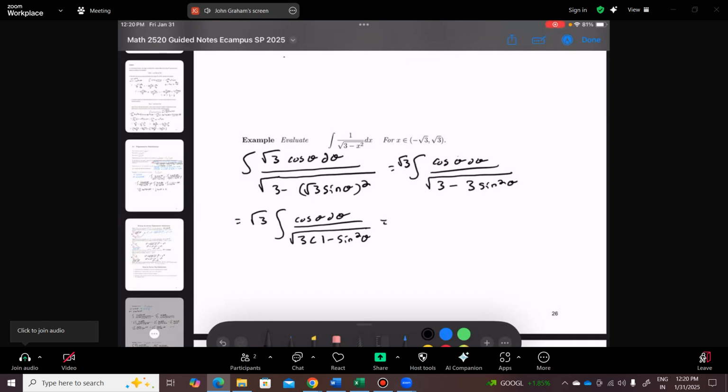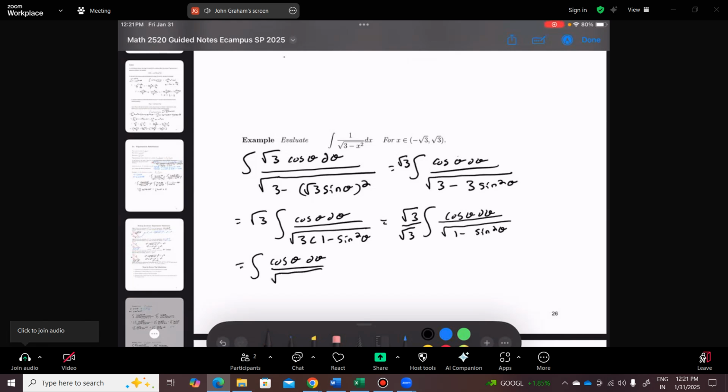So I end up with a square root of 3 out front. And then on the bottom I end up with another square root of 3 out front. Right, the top is still cosine theta d theta. The bottom here, it's going to be square root of 1 minus sine squared theta. Right. The two square root of 3's cancel out. So you have integral cosine theta d theta.